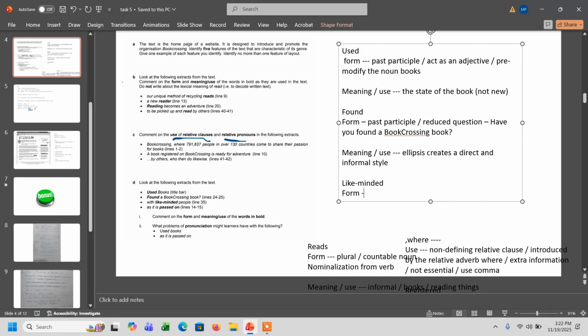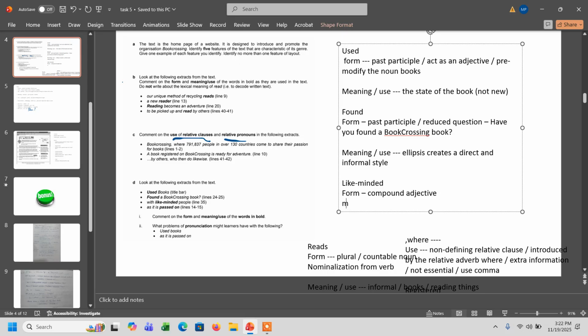The form of like-minded is a compound adjective.